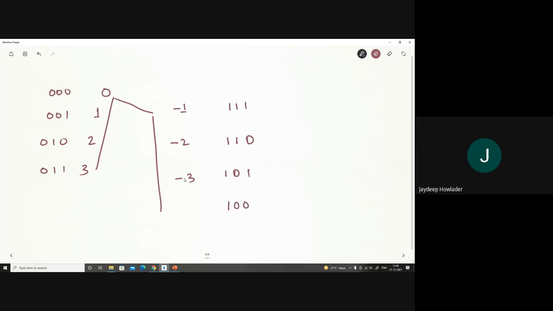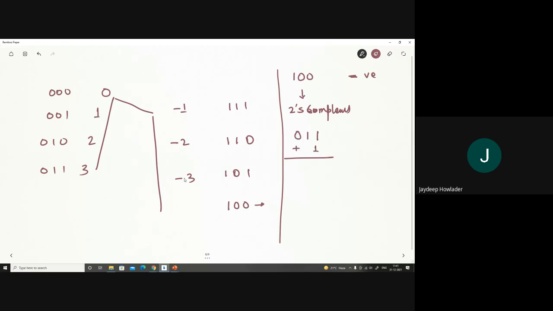Okay. Now if we take the 2's complement, this number is already mapped as a negative number. What is its magnitude? To find the magnitude I have to compute the 2's complement. Computing the 2's complement means I flip the bits to 0 1 1 and then I add a 1.